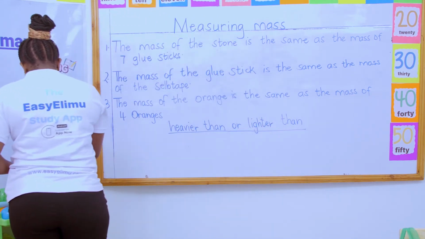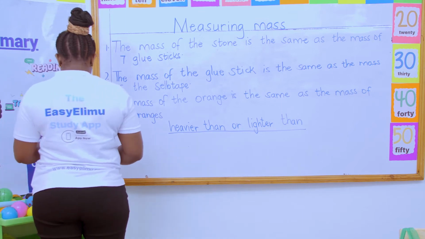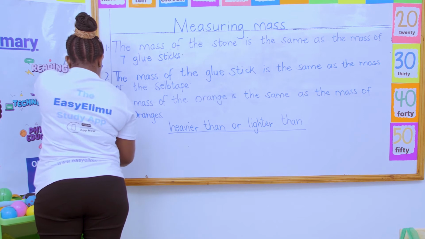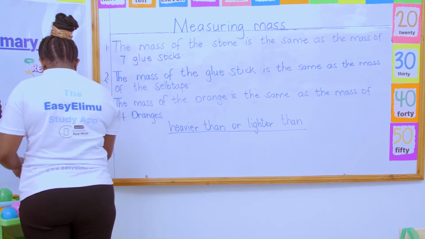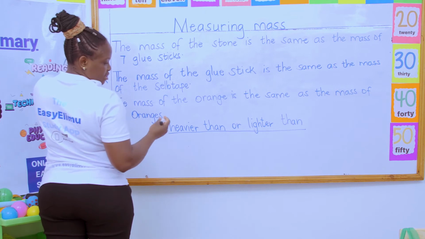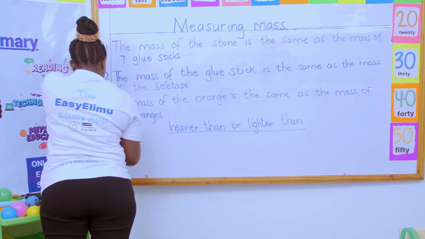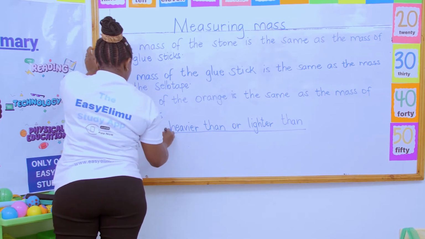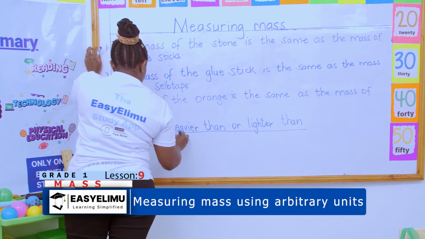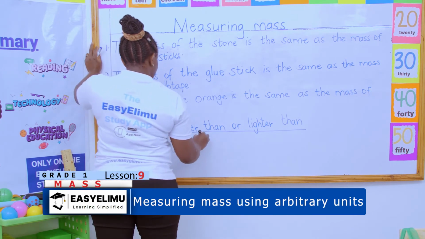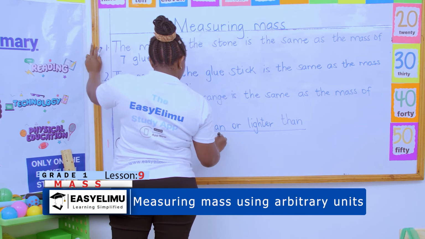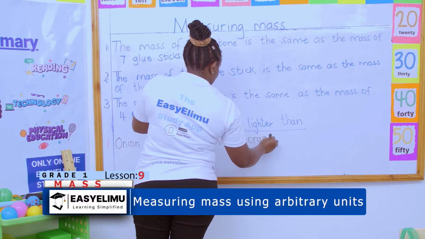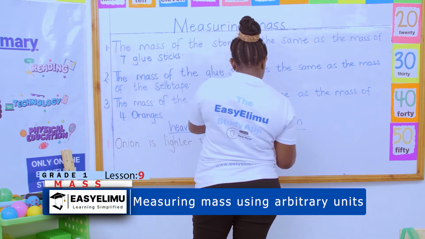We can say the onion is lighter than the orange, because not one onion can balance the orange.